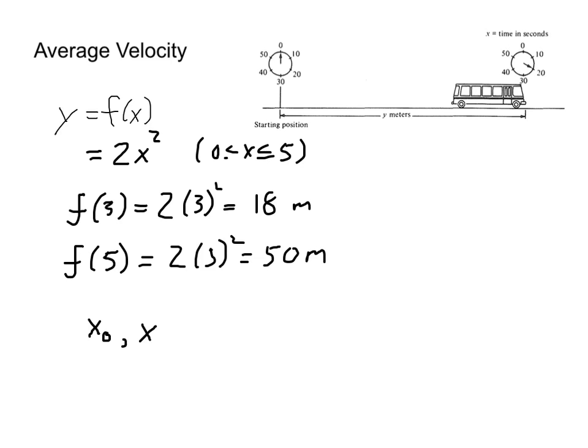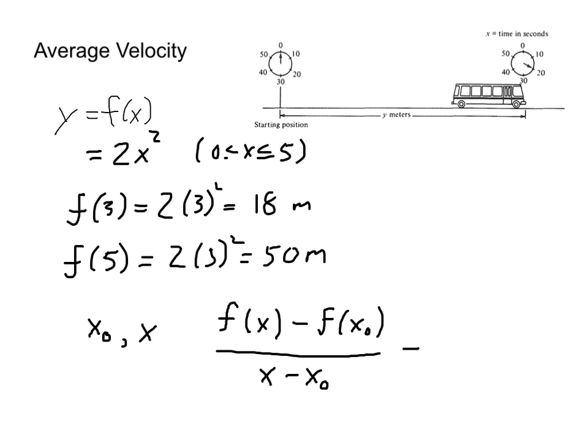So to find out how far it had traveled, we would find its positions at the two different times, f of x and f of x naught, and we'd subtract them. And of course the amount of time elapsed would be x minus x naught.